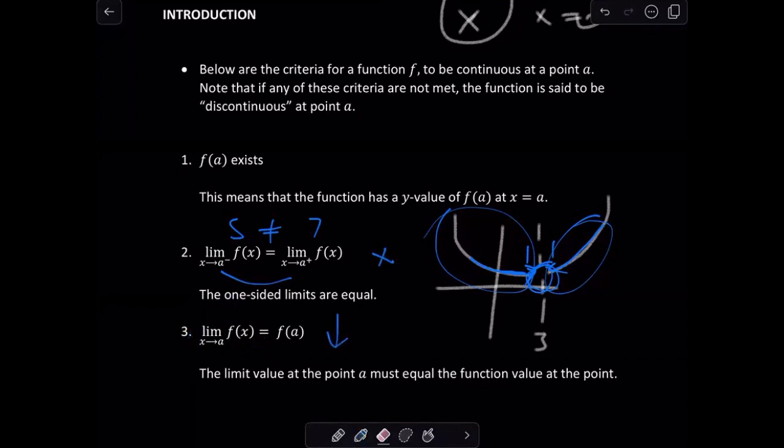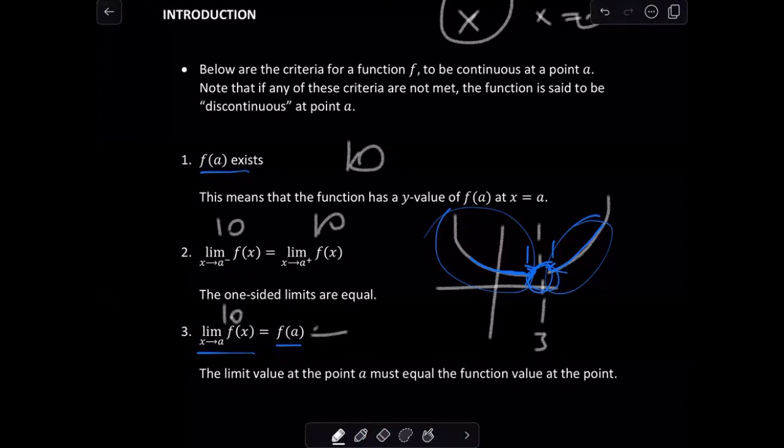But let's say that the full limit does exist, the two one-sided limits are equal. Then the last condition, we want the full limit to equal the function value at a. So what we got from condition 1, let's say we had a function value of 10, right? And then the left-hand sided limit and the right-hand sided limit were both 10.